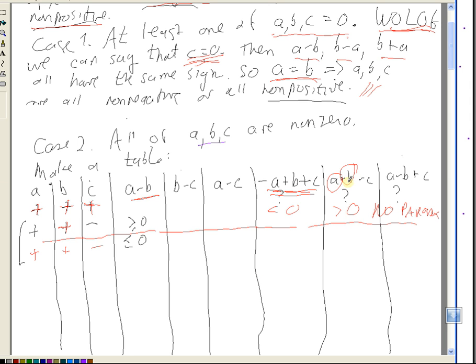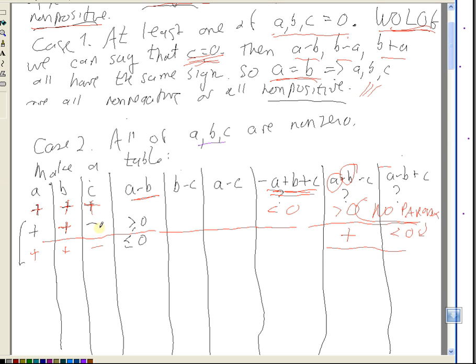A is positive, B is positive, C is negative, so minus C is positive, so this is positive. Now, what about the sign of this one? In this case, A minus B is less than or equal to 0, and C is less than 0, so this is also less than 0. So I have no paradox. There's no paradox here, and no paradox here also. So you can see that when I have two positives and one negative, I will never get a paradox.